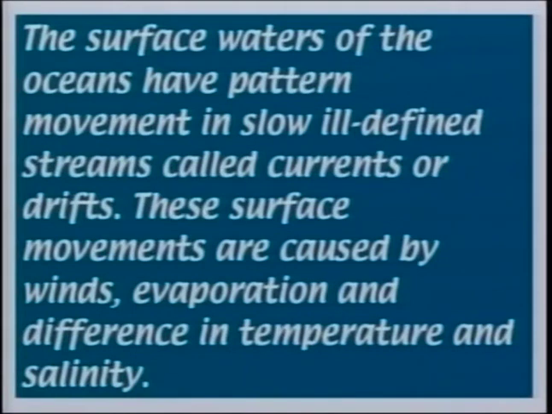So when we are looking at the names of the different ocean currents, most of them will have the word drift at the end of the name. The Mid-Atlantic Drift, the Benguela Drift, and so on. So when we talk about drift, we are referring also to currents.